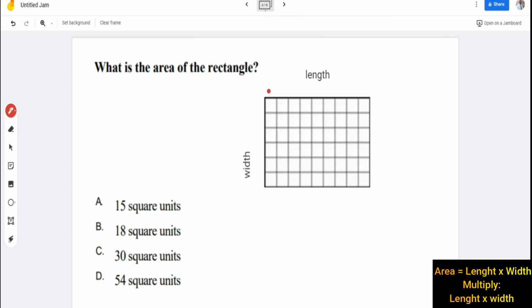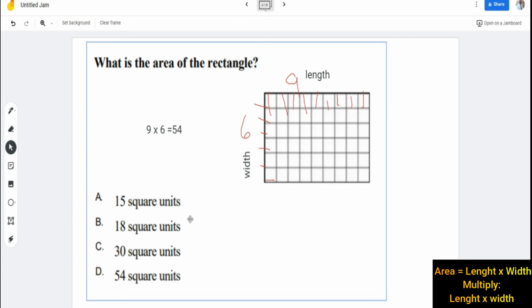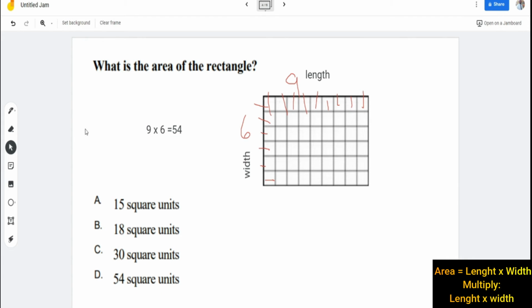We have 1, 2, 3, 4, 5, 6, 7, 8, 9. We have 9 on this side. Now here we have 1, 2, 3, 4, 5, 6. We have 6. It's 9 times 6. 9 times 6, you know that is 54. That's why it's important for every student to know the times tables. So it's 54, and here is the answer for this.